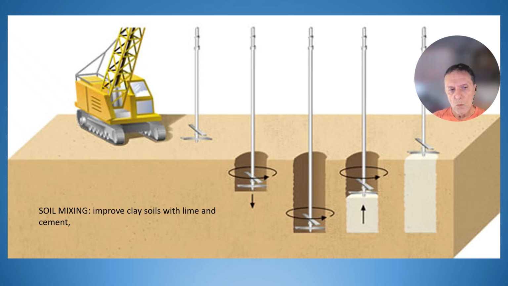You go in with lime and cement and mix that lime and cement together after you've excavated through the clay. That gives you something that's sort of equivalent to a stone column that I told you about in the last slide. And you're improving basically the strength and lowering the expansive capacities of the clay soils.